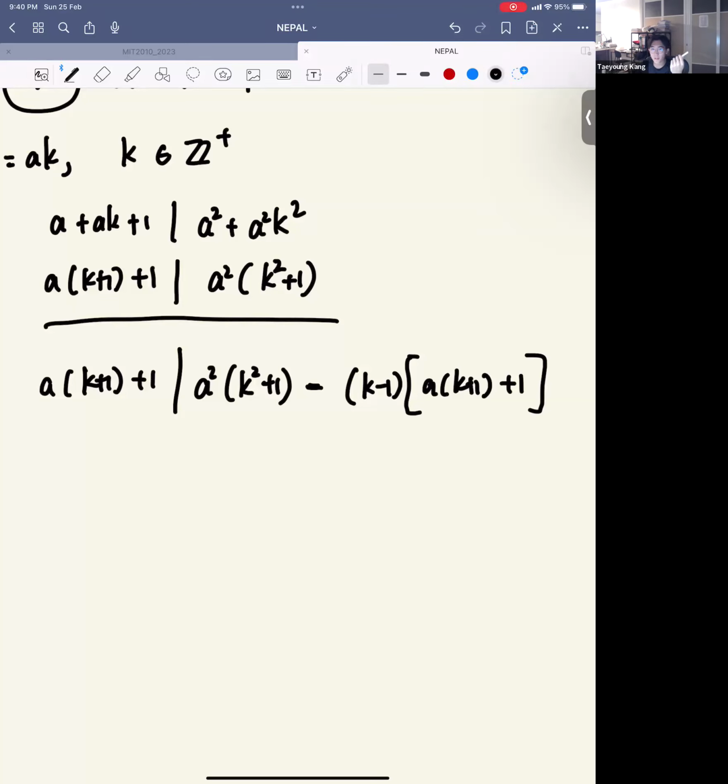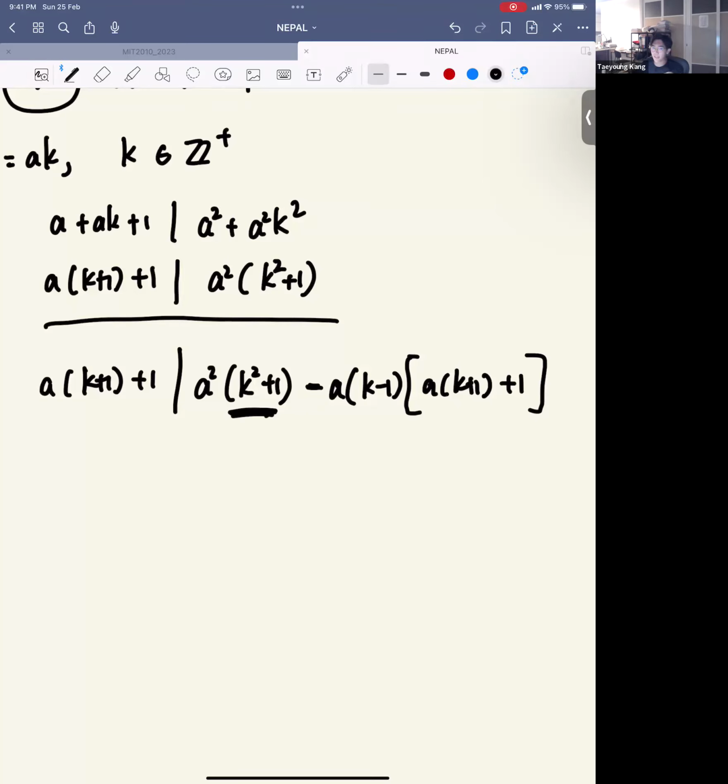Someone asked for the motivation of doing this, and I'll tell you why. The motivation is that we see a K squared plus 1 term here, right? So we want to somehow remove the K squared completely from the A squared term. Like we want to completely remove A squared K squared.